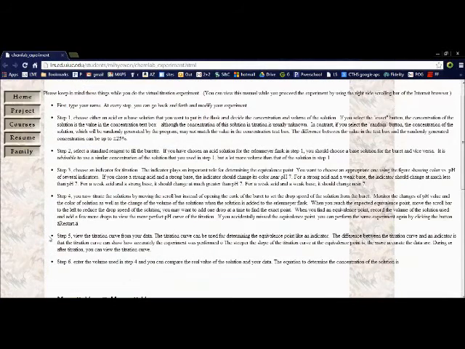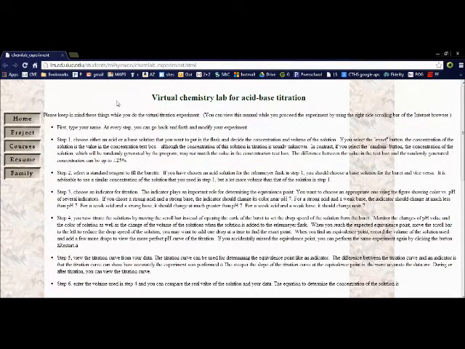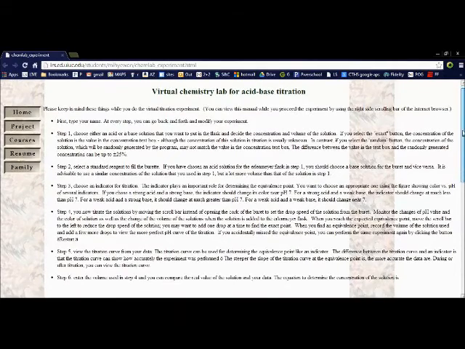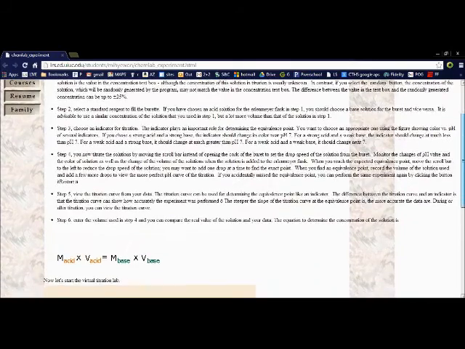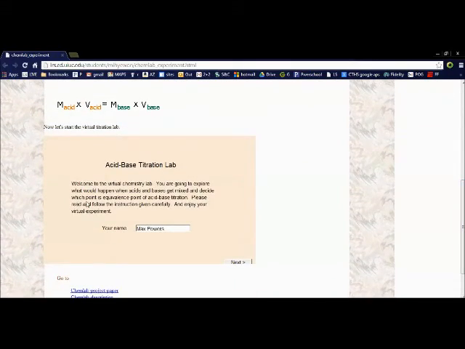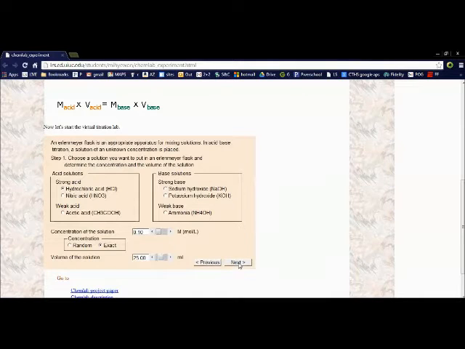So we are going to go to the virtual lab here, the acid-base titration, and I'll maybe provide a link to this so that you can play around with it if you need to. So we are going to go on to the titration. What we're going to be looking at is something called titration curves, graphs that form as we track pH changes during the course of a titration.